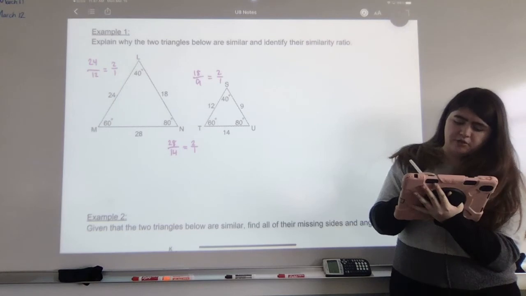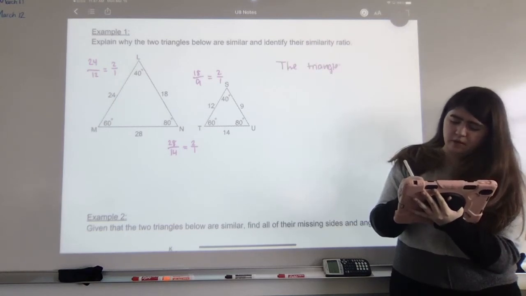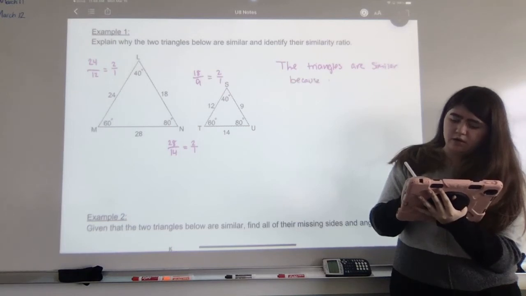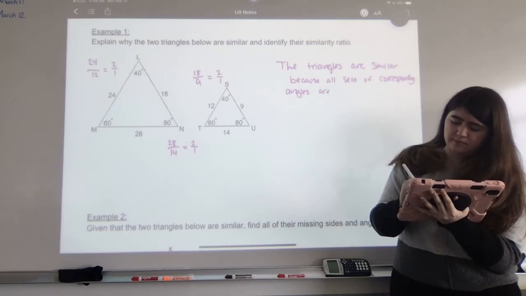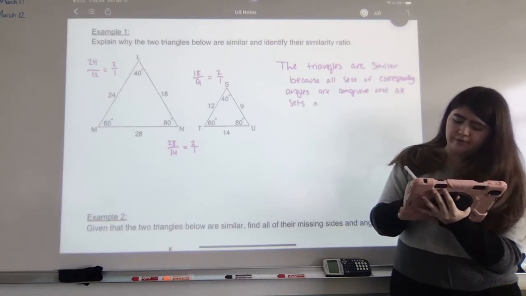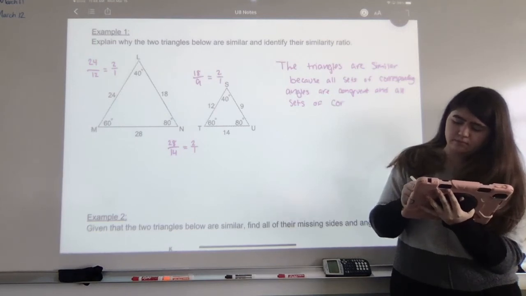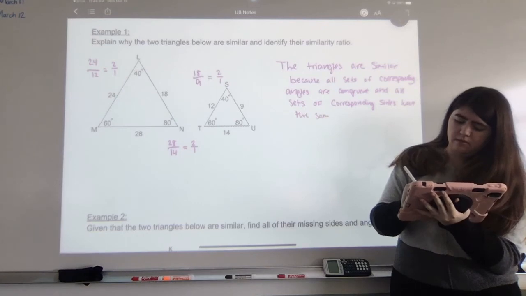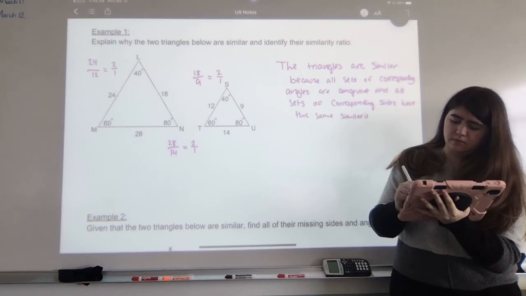So we're going to say the triangles are similar because all sets of corresponding angles are congruent, and all sets of corresponding sides have the same similarity ratio of 2 to 1.